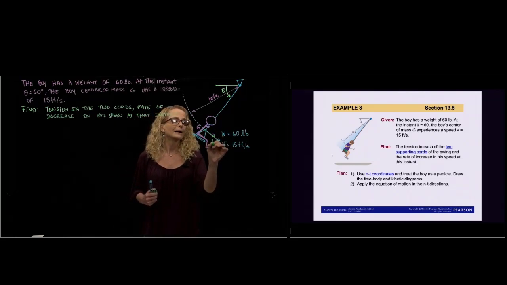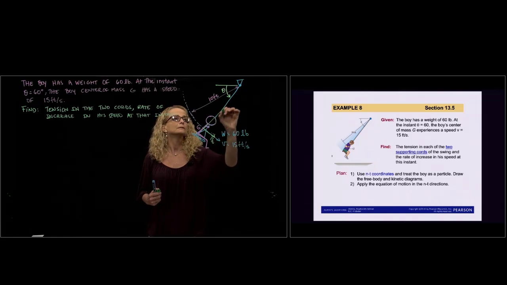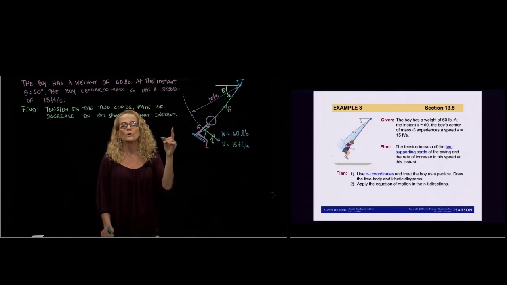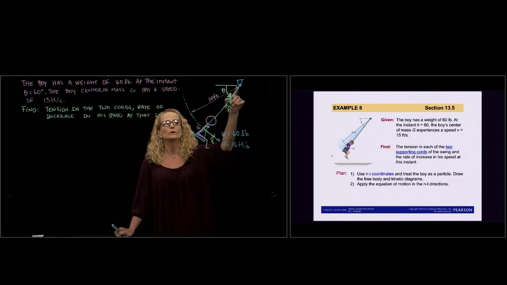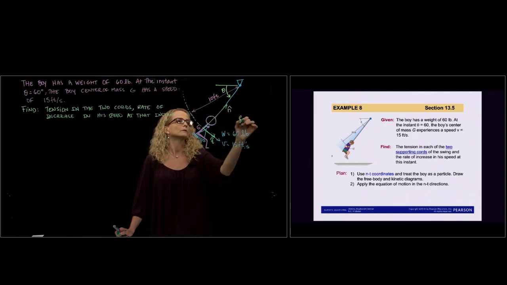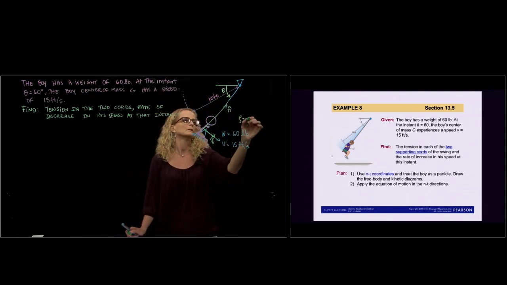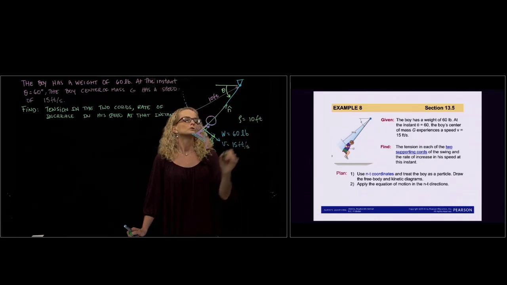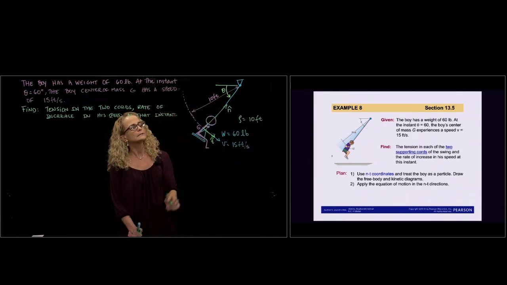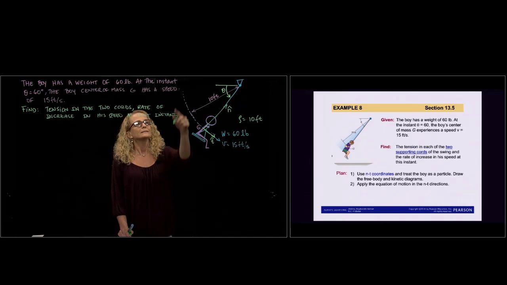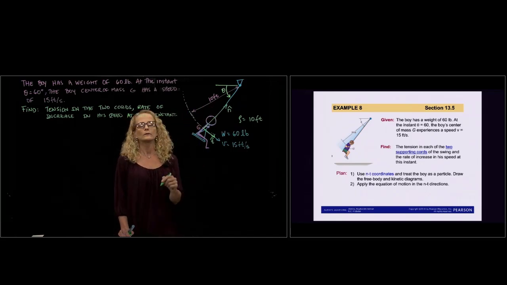This is the tangent direction, and this is the normal direction. The normal direction always points towards the center of the radius of curvature of my trajectory. It is also given that the radius of the trajectory is 10 feet, so I know the radius of curvature for that instant. This is a circular path, so that radius is constant.